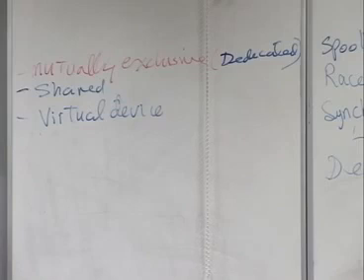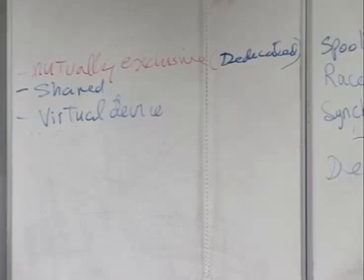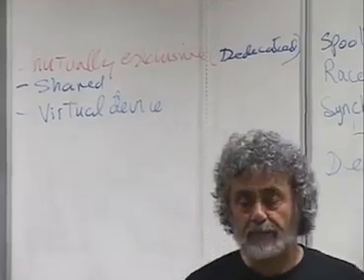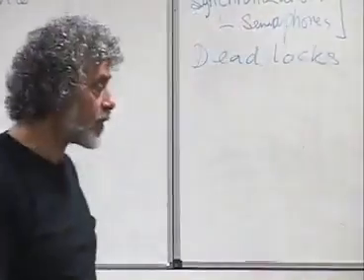But to all the processes within this system, it appears to be a shareable device. So that's spooling, and those are the terminologies of dedicated device, mutually exclusive device, shared device and virtual device.